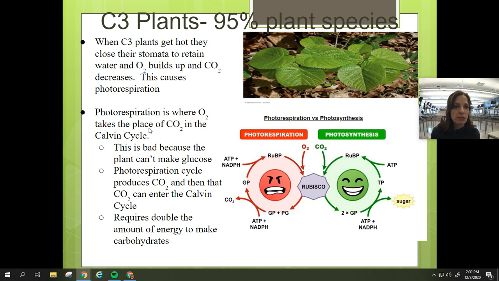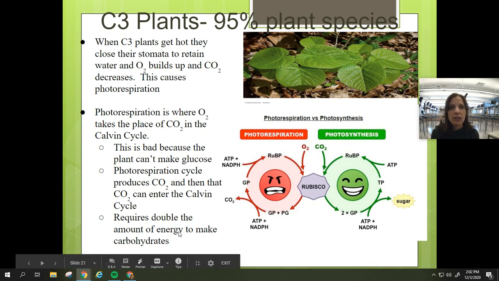So basically, you need to have two turns of the Calvin cycle instead of one. And so that's photorespiration. I wrote in words right here, photorespiration is where oxygen takes the place of carbon dioxide. And this is bad because the plants can't make glucose. And the photorespiration cycle produces carbon dioxide, like I said right here, which then can be used in the Calvin cycle.